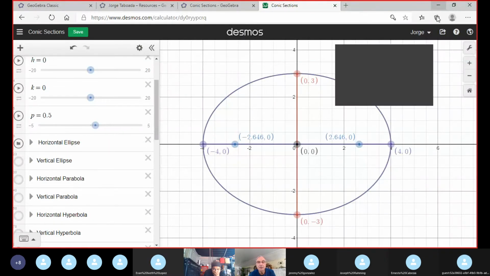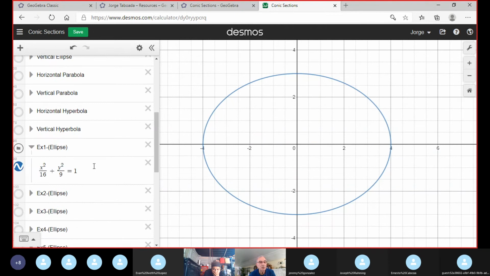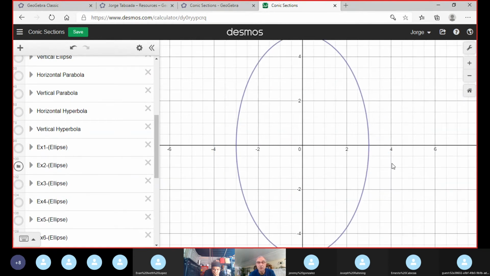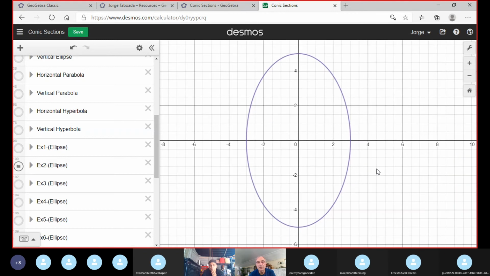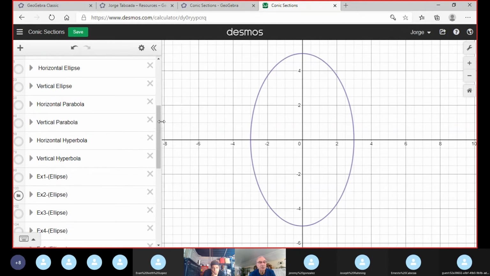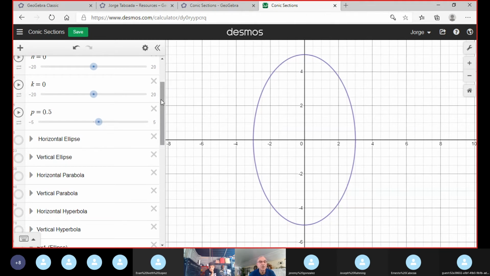Look at that. Okay, that was example 1. Now I want to see example 2. Example 2 is something like that. Look, it looks like the vertical one, but I discovered in the paper a, b, and c.